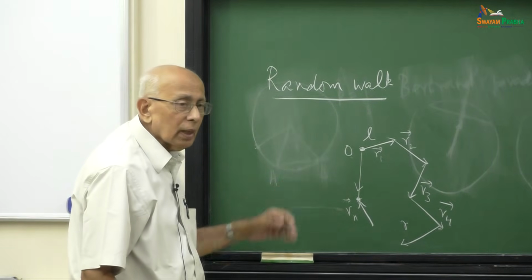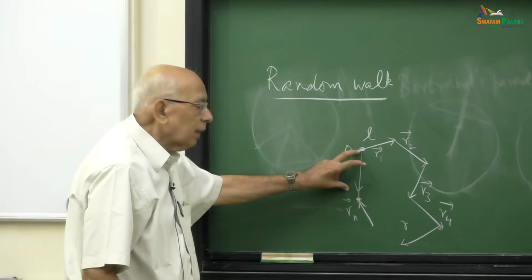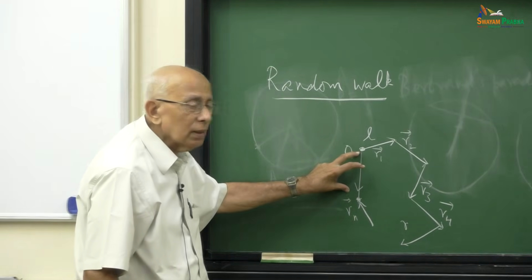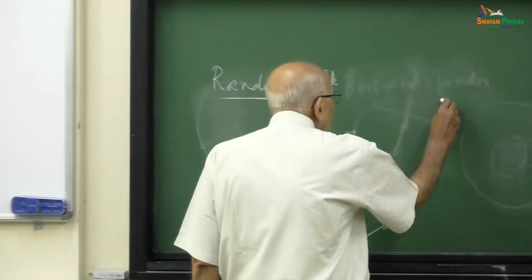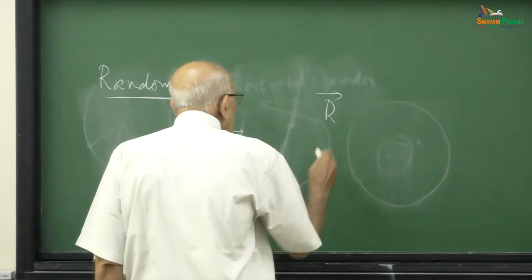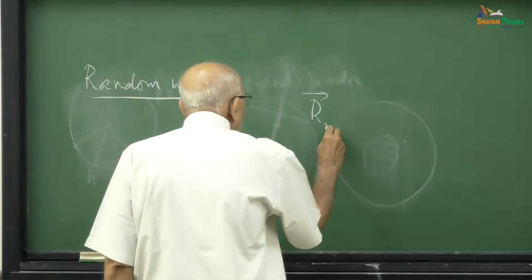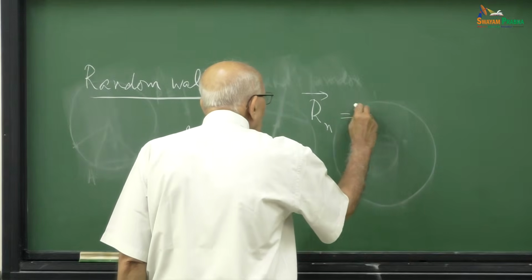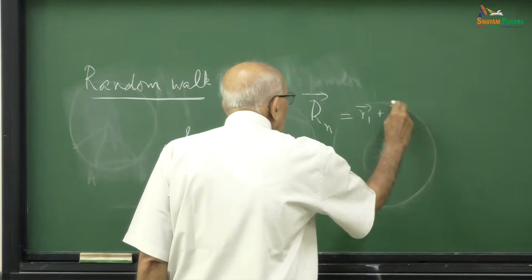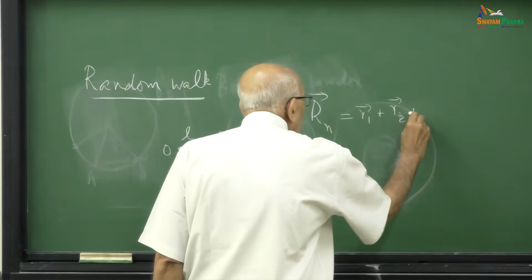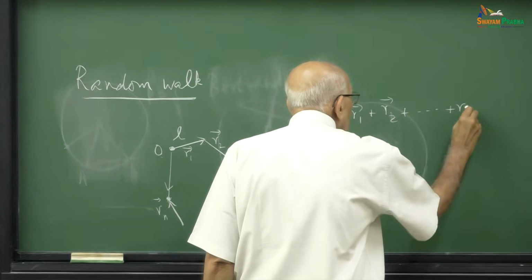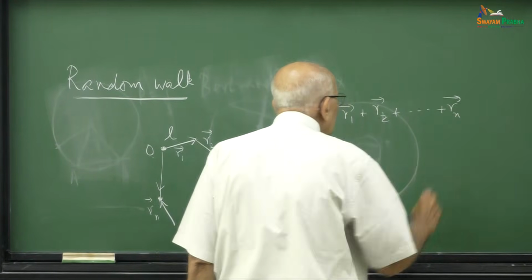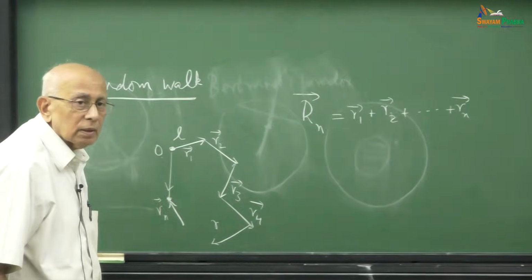We'll not talk about that. We'll ask what's the distribution of the length of this vector here. So let me start by saying R, the sum vector at the end of n steps, is R1 plus R2 plus ... plus Rn. Just a vector sum.